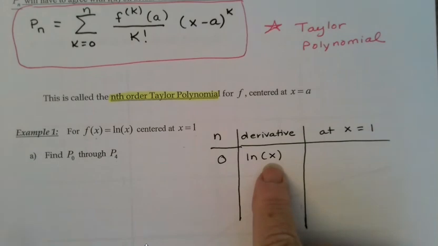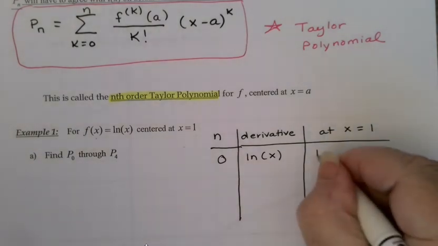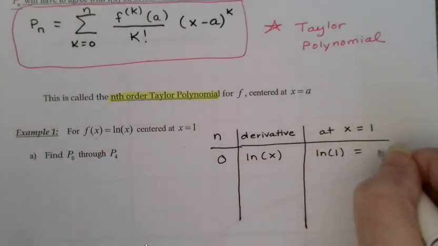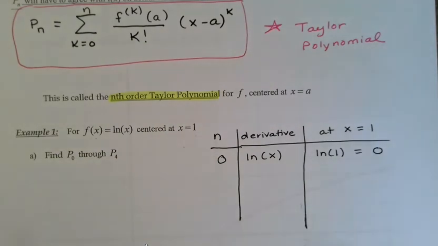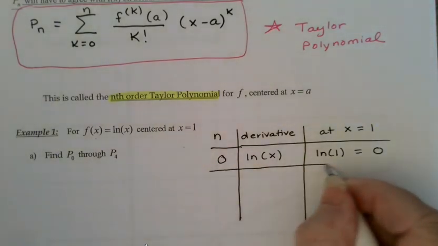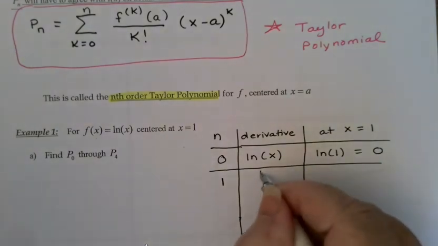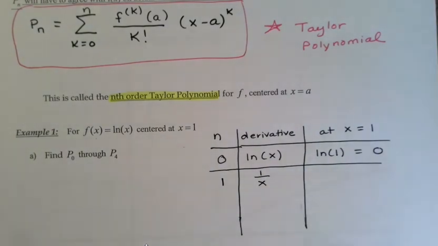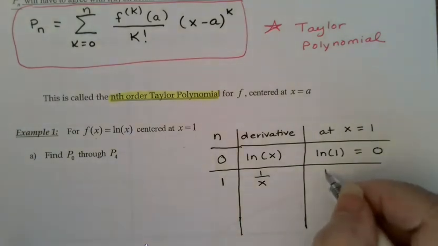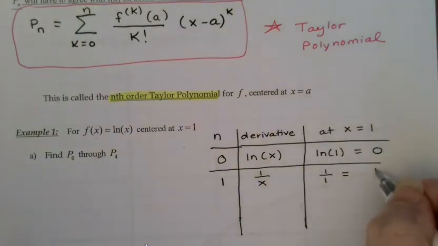And if you plug in 1, of course ln 1 is going to be 0. The first derivative would be 1 over x. And if I plug in 1, I get 1 for that value.